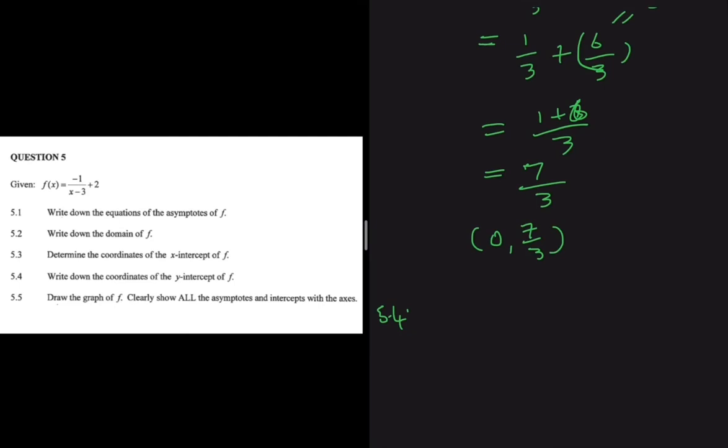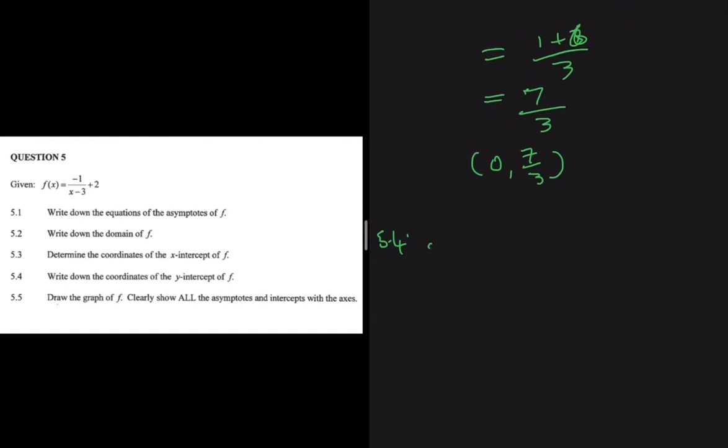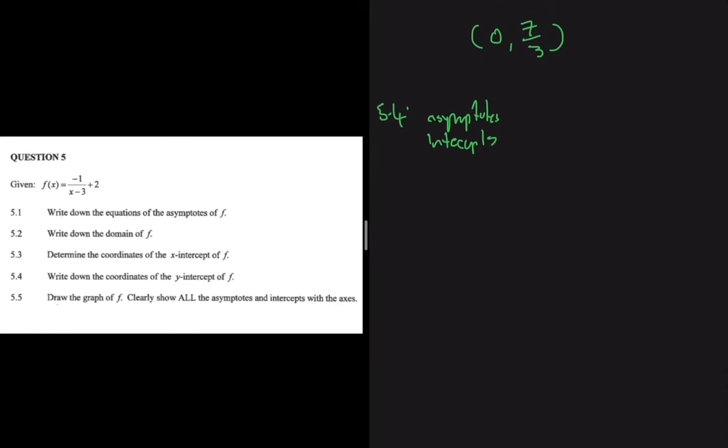5.4. Last but not least, draw the graph of f. Clearly show all the asymptotes, intercepts, and intercept with the x's. So asymptotes and intercepts. I'm just writing that down so that I don't forget.